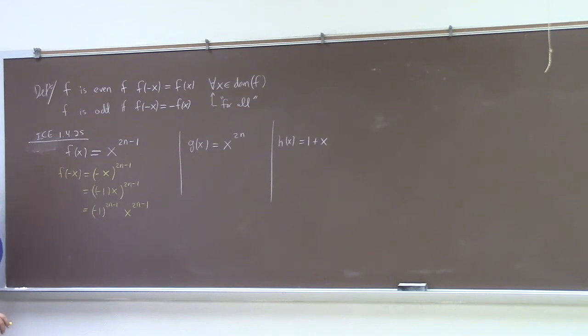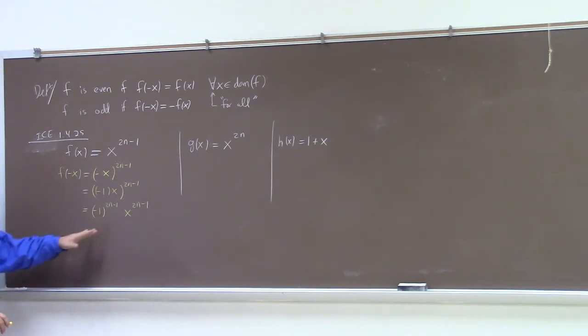What is minus 1 to an odd power? 2n minus 1 is odd. We're thinking of n as a whole number here, a natural number. Like minus 1 cubed: minus 1 times minus 1 times minus 1. Think about it, three minuses. It'd be negative, right?